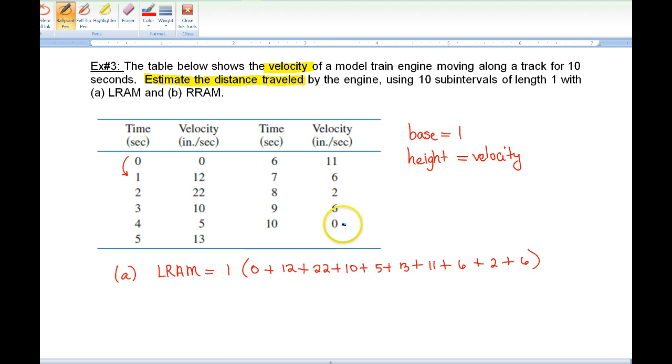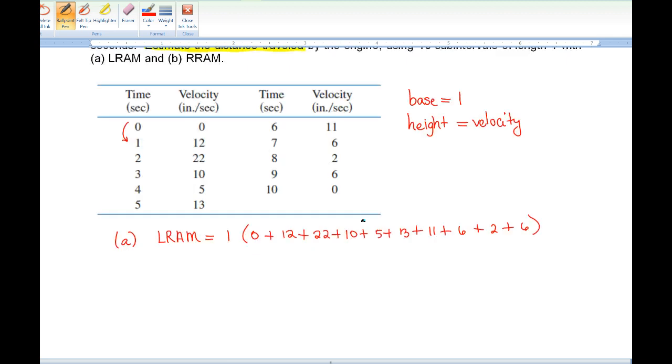I'm not going to use this last 0 with the left-hand approximation method, just like when we were using the graph. So you're basically just adding up all those numbers. So we have 12, 22, 10, 5, 13, 11, 6 plus 2 plus 6. We get 87. Now for B, for RRAM, it's going to be 1.